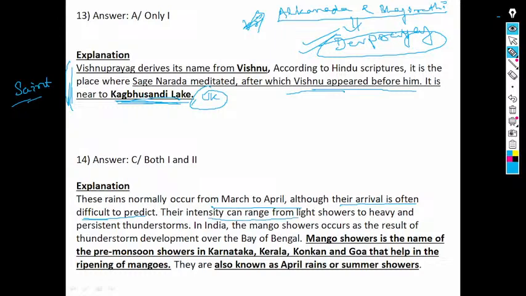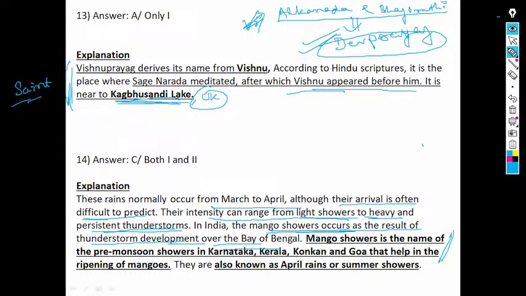The intensity can range from light showers to heavy and persistent thunderstorms in India. The mango showers occur as a result of thunderstorm development over the Bay of Bengal.